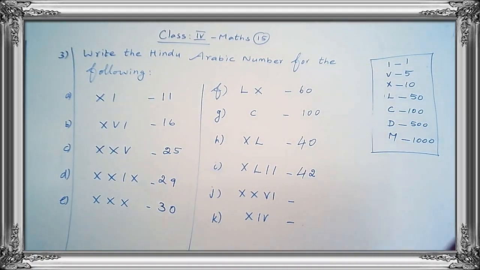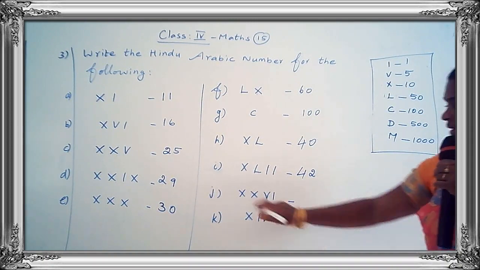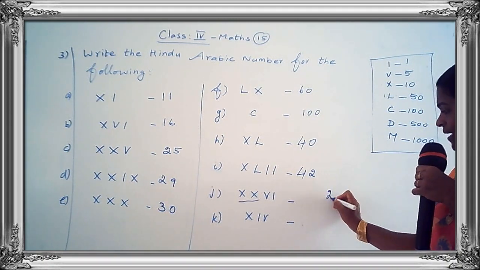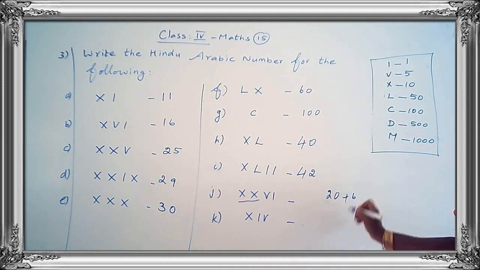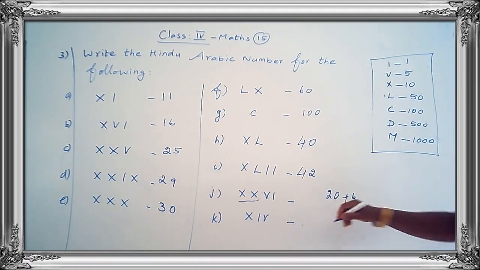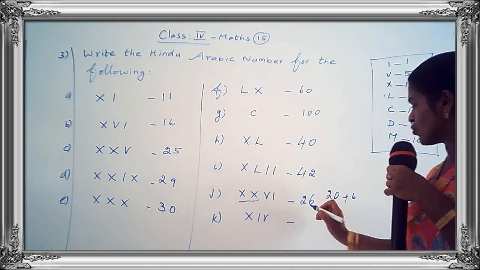Okay, yes. Now J, XXVI. Here XX means 20. Yes children, 20, VI means 6. So now we add 20 plus 6, so that's why our answer is 26.